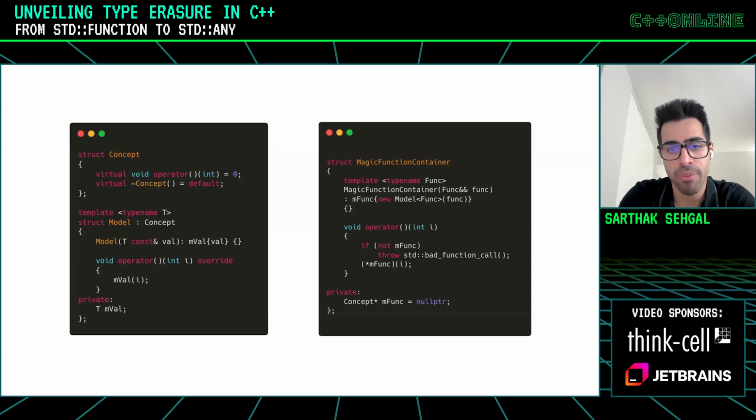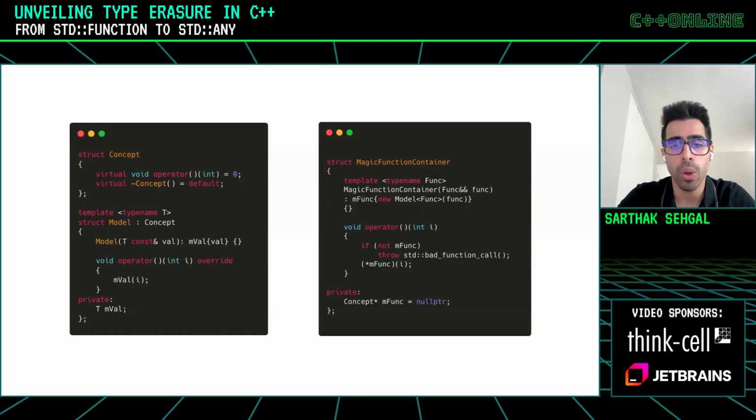I read in mval to mfunc, and now I've got a type for that. The mfunc is a concept pointer, which is by default a null pointer. And in the templated constructor, now what I'm doing is that each time I get any type func, I'm creating a model of type func and passing the object into this new type.